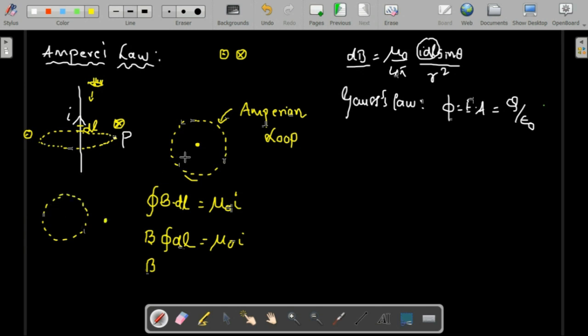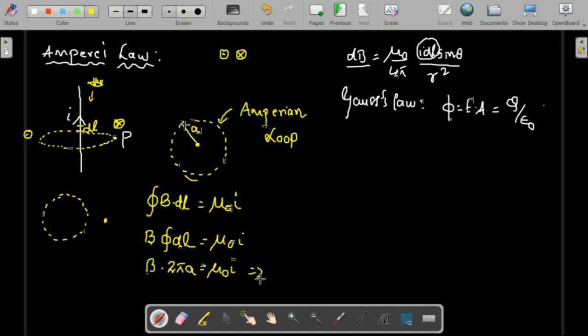I can find it out at any point. It's not that I have to find it here. Okay, you have to just make that loop at that particular point. So if you're considering this, and let's say this loop is having a radius of a, I can simply write down what is the entire length. That would be 2 pi a, is equal to mu naught I. Right.